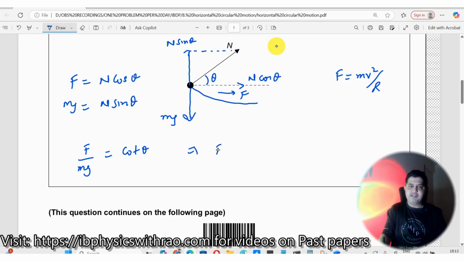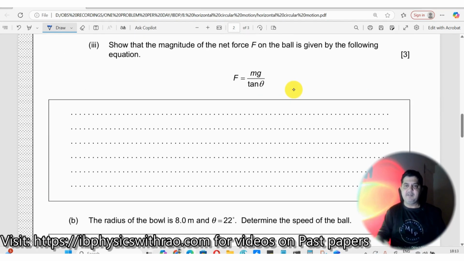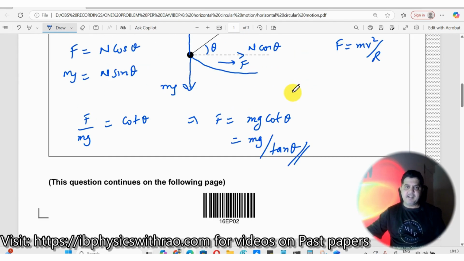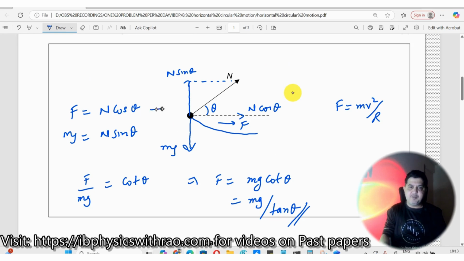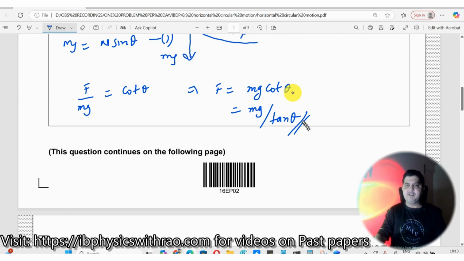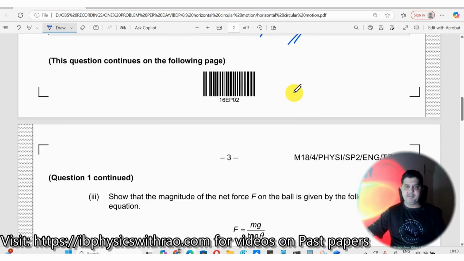Or in other words, F is equal to mg cot theta, or this should be mg divided by tan theta. So F equal to mg by tan theta. Now how are the marks distributed? One mark here, and one mark here. All the 3 marks are properly distributed like this.